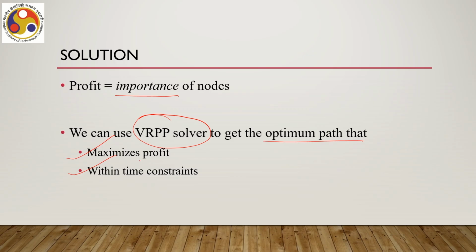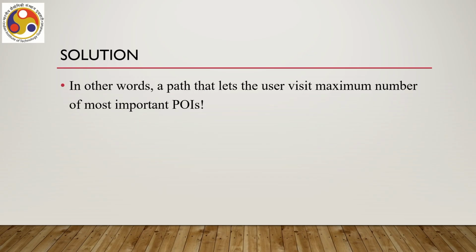Maximizing profit is essentially maximizing total importance. So, in other words, we want to get a path that lets the user visit the maximum number of most important POIs. This is the rephrasing of the overall problem that we are trying to solve.